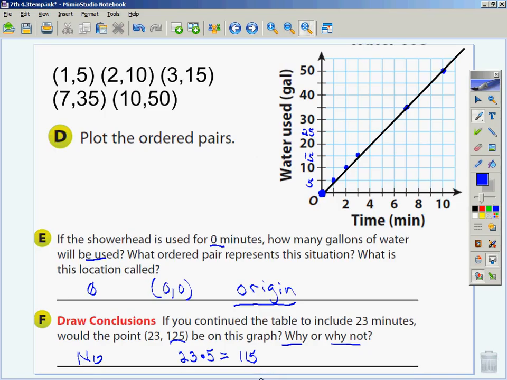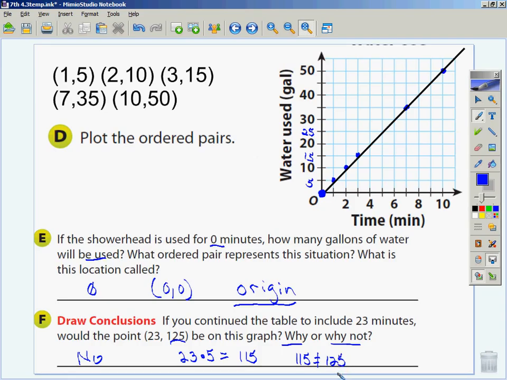Everybody with me? 23 times 5 is 115. And 115 isn't 125.